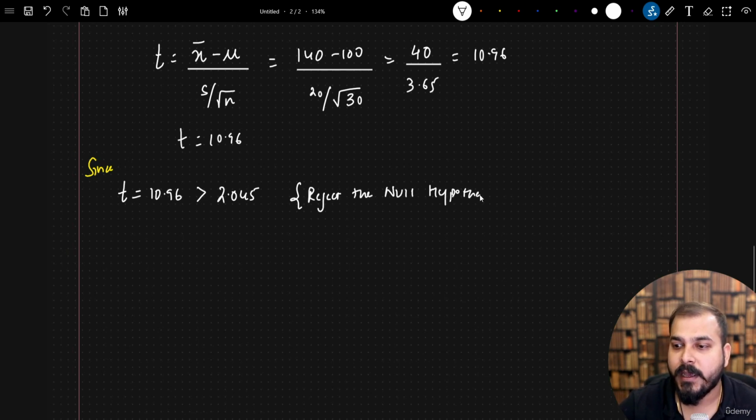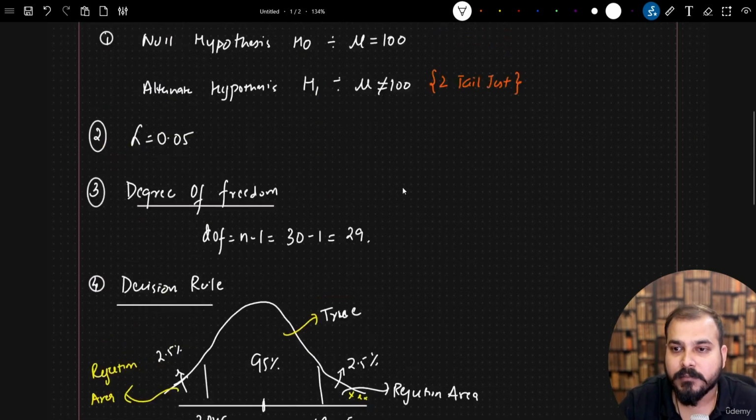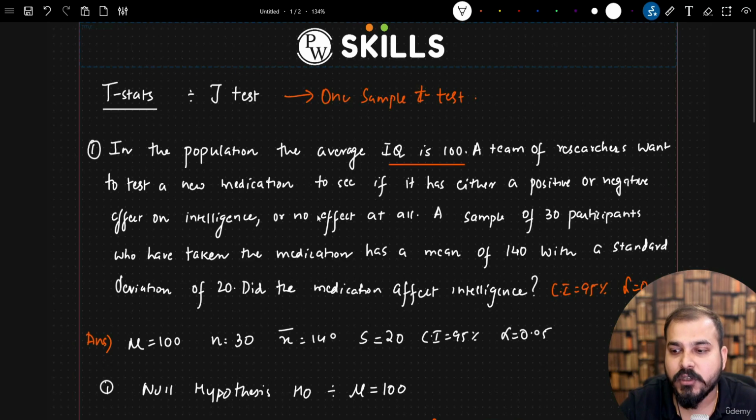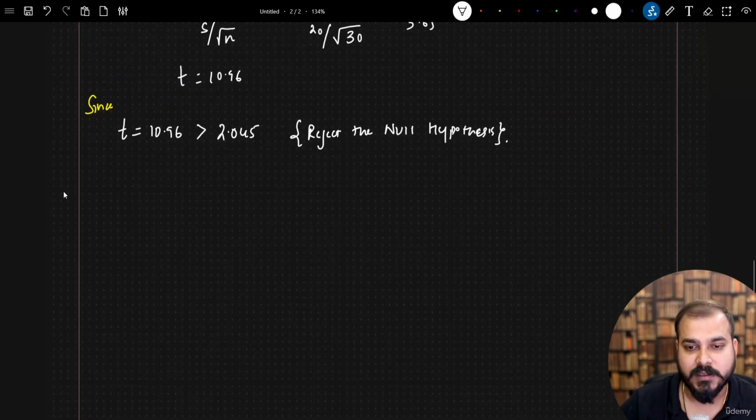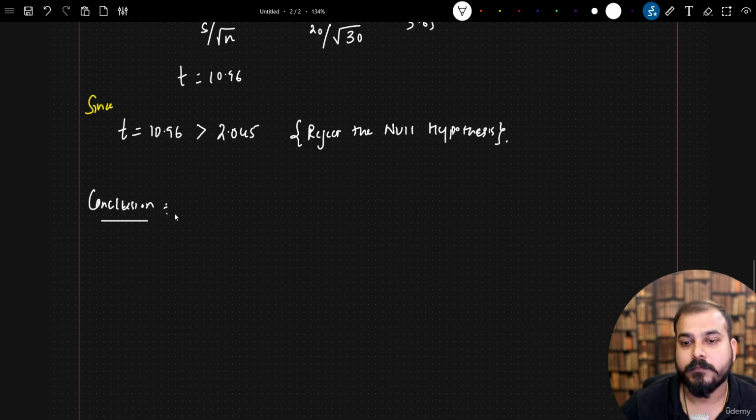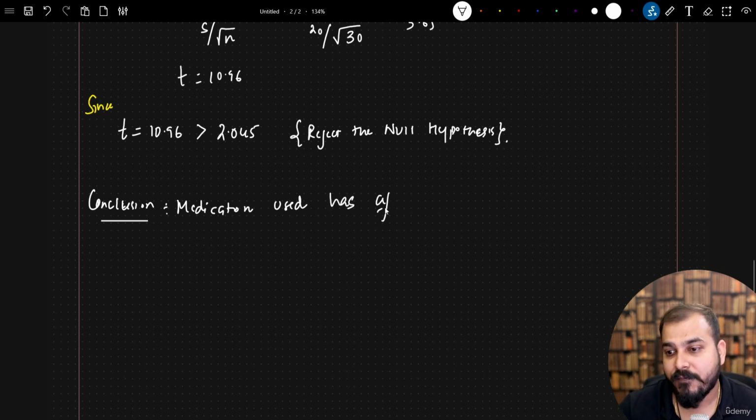So at the end of the day, what analysis are we able to make from here? That whatever medication has been used has affected the intelligence. So the final conclusion is that the medication used has affected the intelligence.